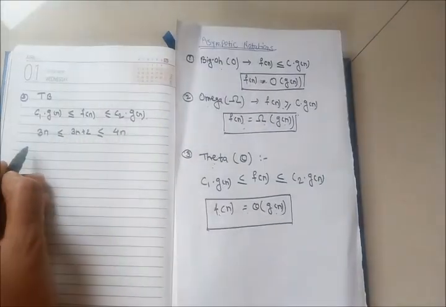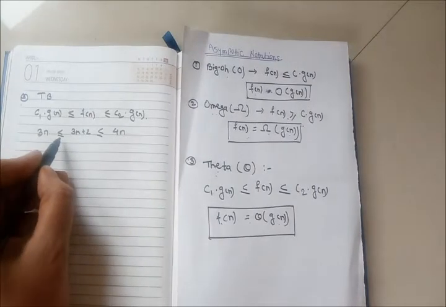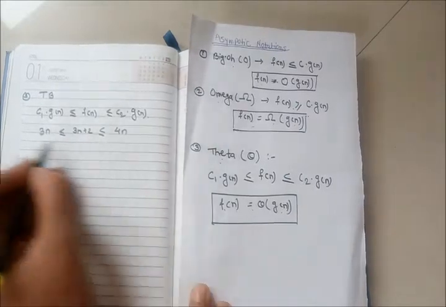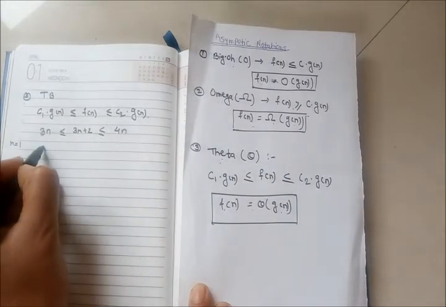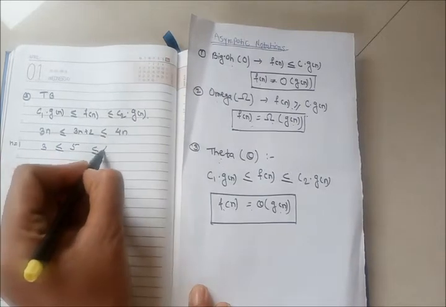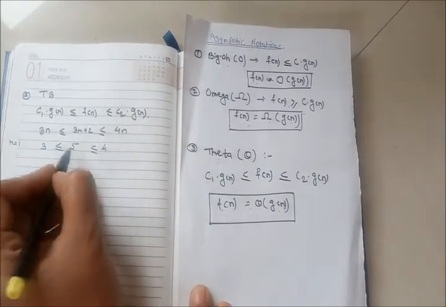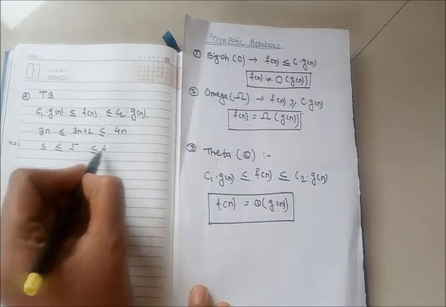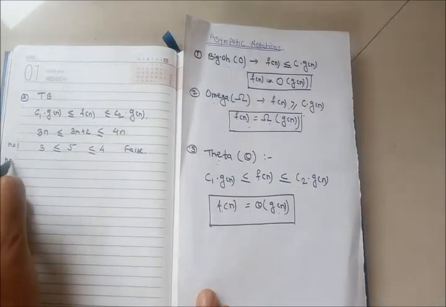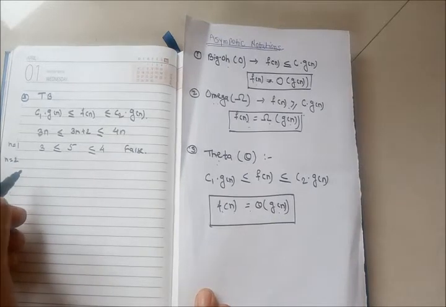Fine. So here 3n is less than or equal to 3n plus 2 is less than or equal to 4n. If n is equal to 1, I will get 3 is less than or equal to 5 is less than or equal to 4. 5 is not less than 4, so you will get a false solution. So I will put the next value, n is equal to 2.